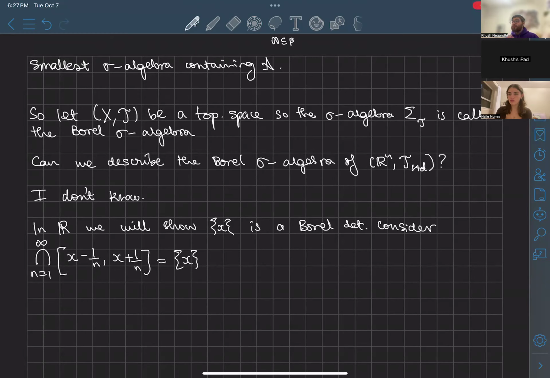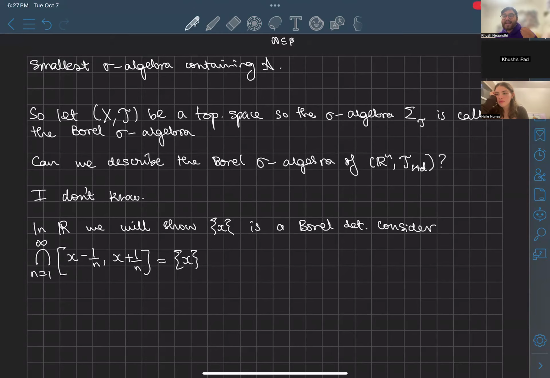This means that any countable collection of points is also a Borel set, right? In other words, the rationals are a Borel set. In fact, we're one step closer to showing that the measure of a countable set is zero.